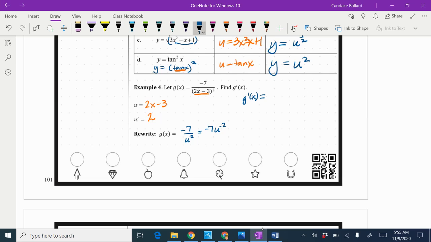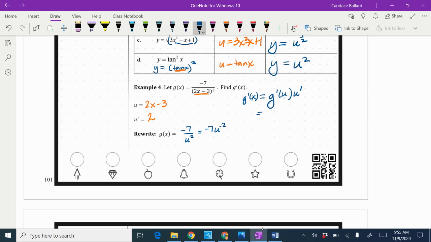Sorry, I'm looking at what we did here. Okay, so if I think about it in terms of the u, really what we're doing to get g prime of x is we're taking the derivative of the function and then leaving the inside alone, the u alone, and then we're multiplying it by u prime.